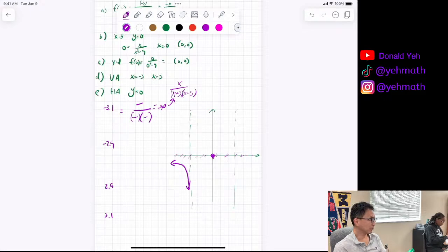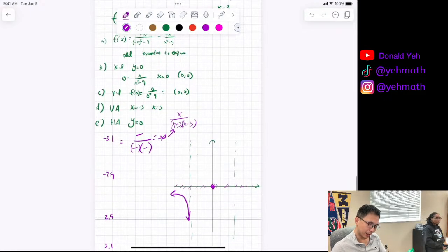Am I losing you? Okay, 2.9. Is 2.9 on the top negative or positive? Negative. How about the bottom? Positive and negative. So that's going to be positive. So it's going to be like this, right? Now remember, you already have symmetry.